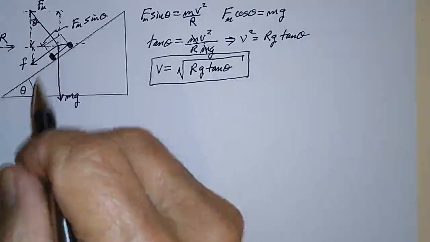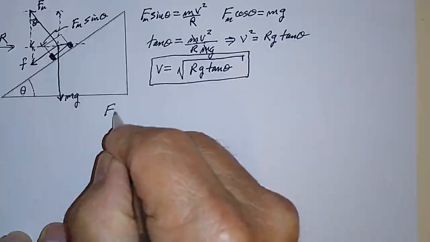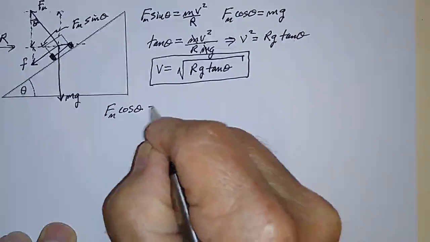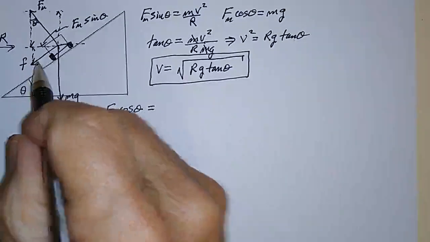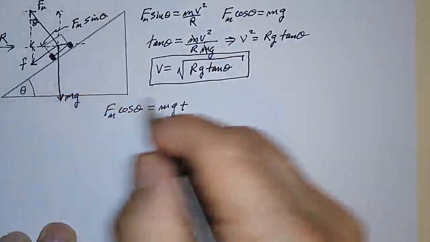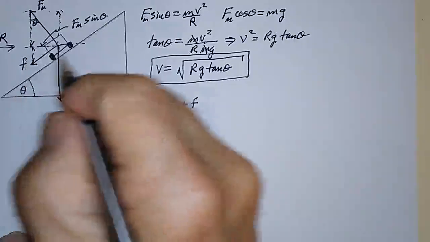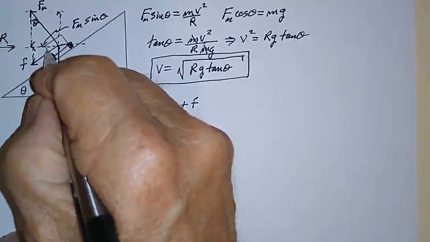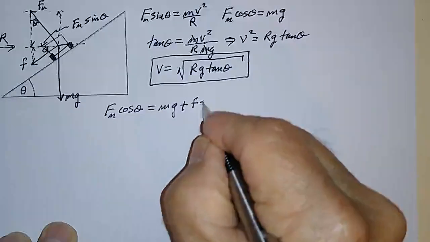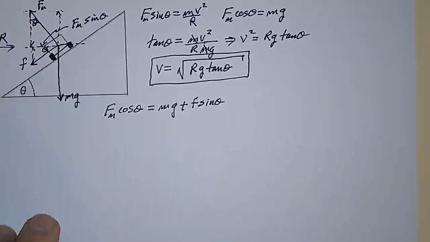So I can write that as Fn cosine theta has to be equal to mg plus f, little f, times sine theta, since this angle here is also theta. Like that. All right, so that's one equation.